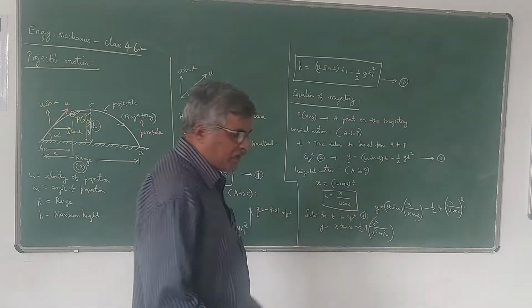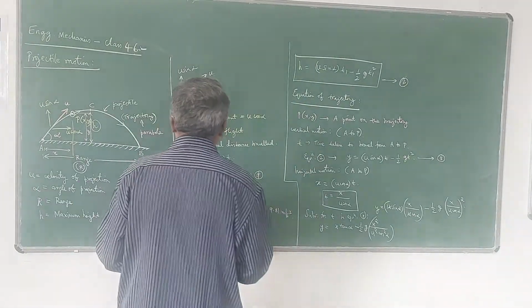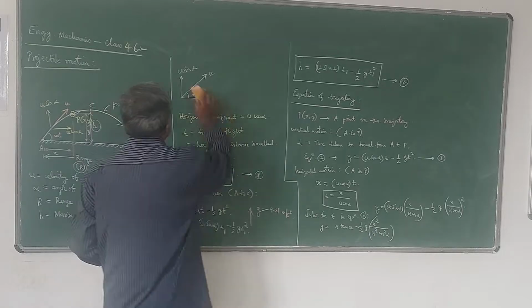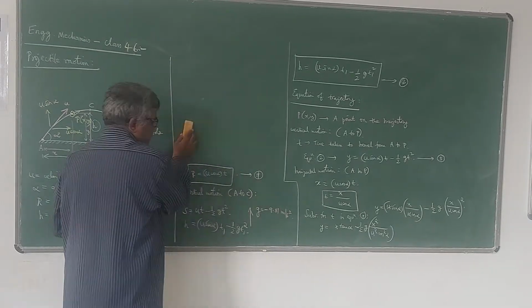Like this we are going to get. Now 1 by cos square alpha can be written as secant square alpha. So we can further simplify the equation.